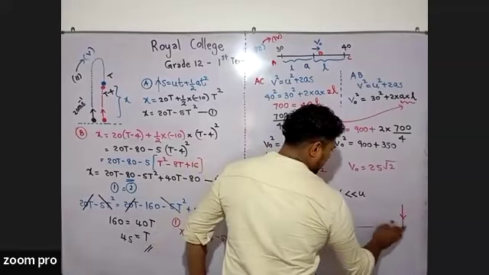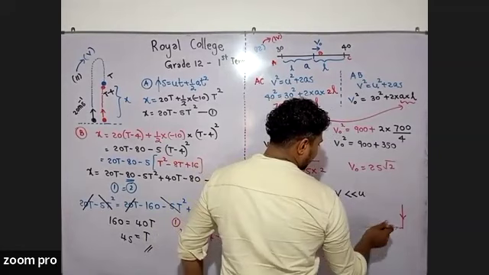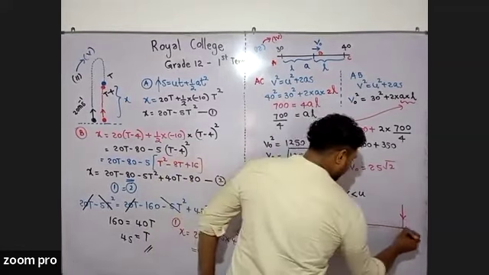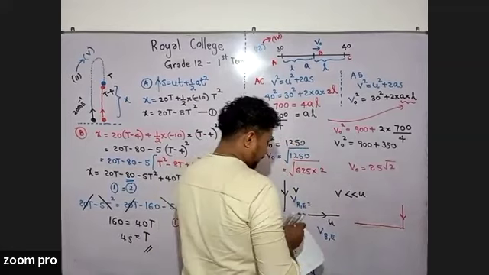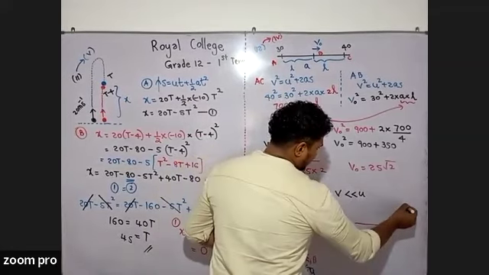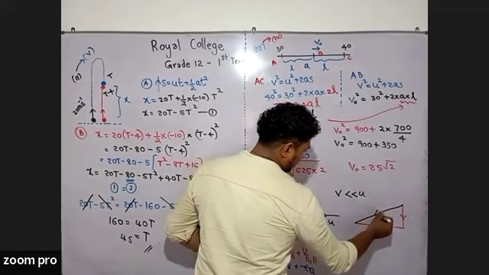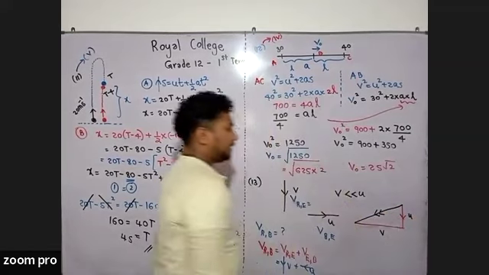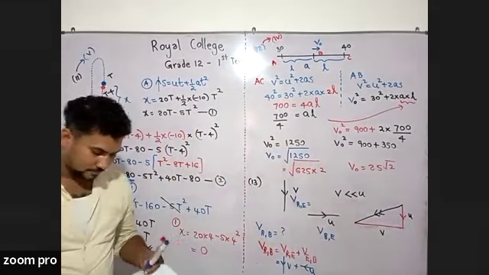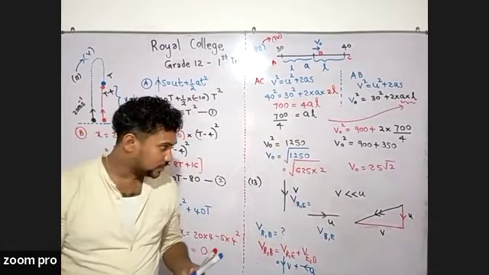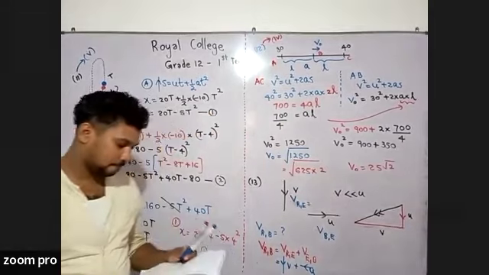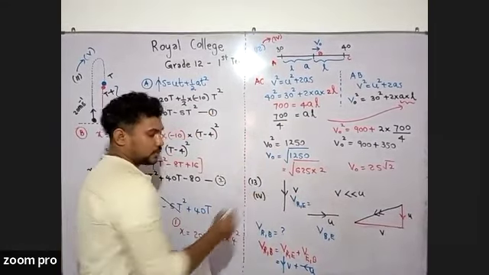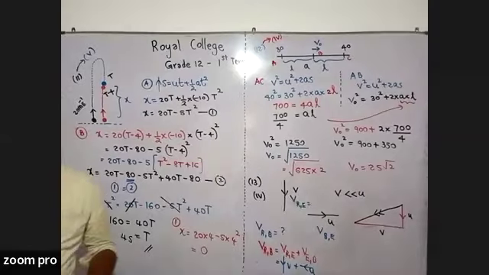And the question mentioned that u is greater than b, no? So then it should be like this one. Right? Then the resultant is represented by the line joining the initial and the final positions. So guys, the answer should be the fourth one, right? Answer should be the fourth one.